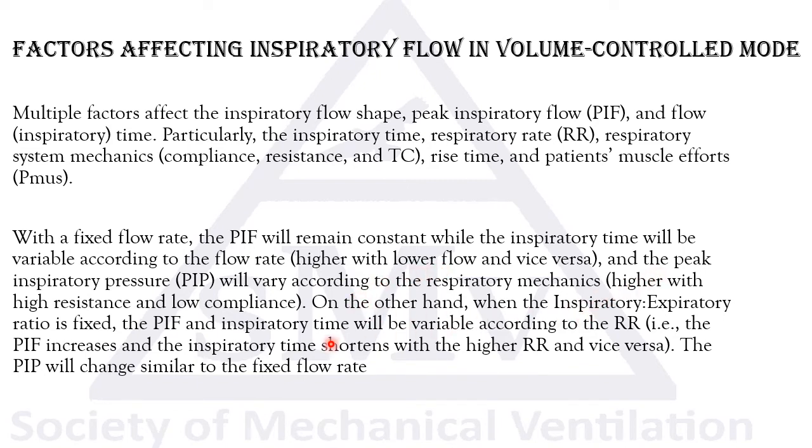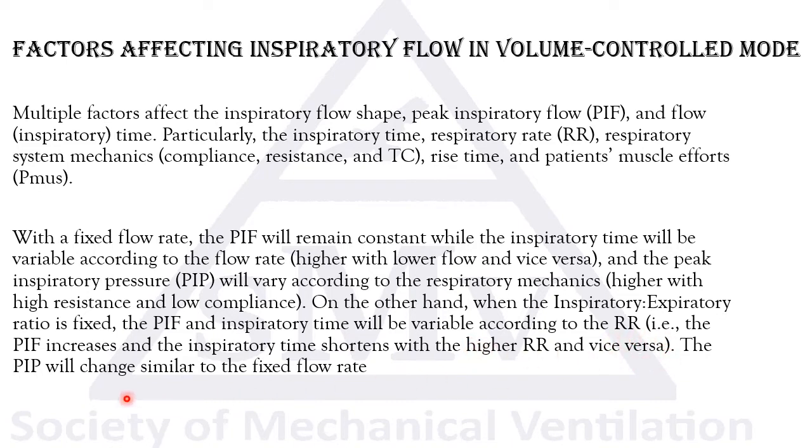And the peak inspiratory pressure will vary according to the respiratory mechanics, as we talked about. So it will be higher with higher resistance and low compliance. But when the inspiratory to expiratory ratio is fixed, now the peak inspiratory flow and the inspiratory time will be variable, again according to the respiratory rate.